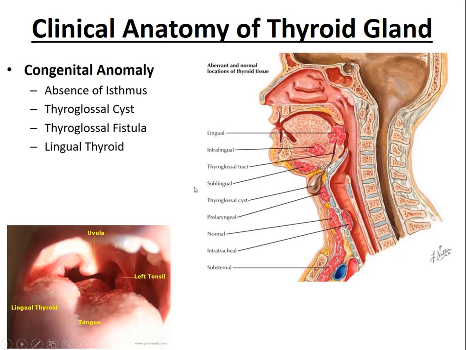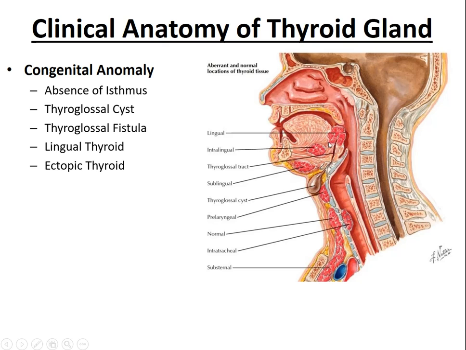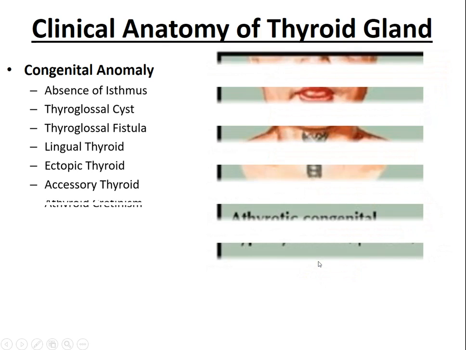Now sometimes the thyroglossal duct persists only in the upper part and not lower down. An extension of it occurs and forms a lingual thyroid, so thyroid tissue will be seen on the tongue, or it may be seen along the course of the thyroglossal duct, which is known as ectopic thyroid, or it may be seen at extra sites other than its normal course, that is accessory thyroid.